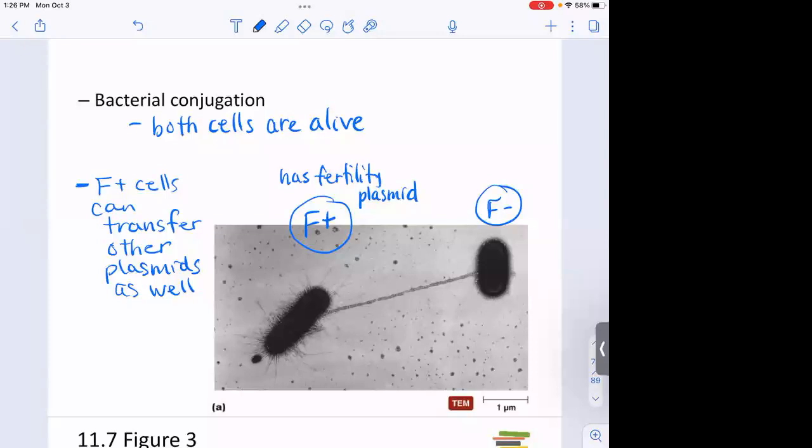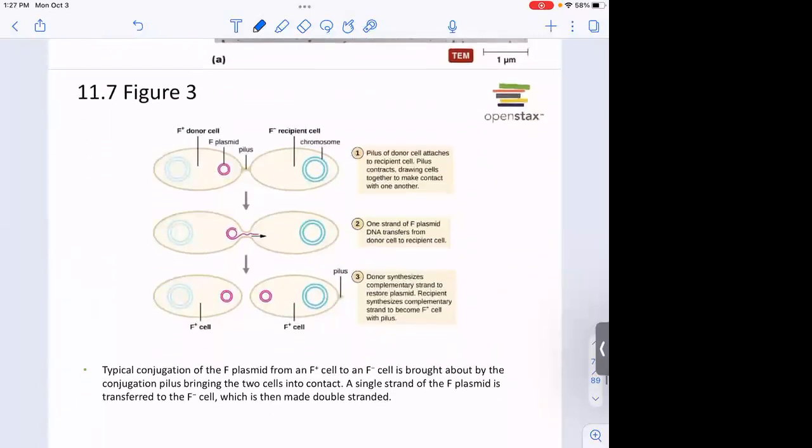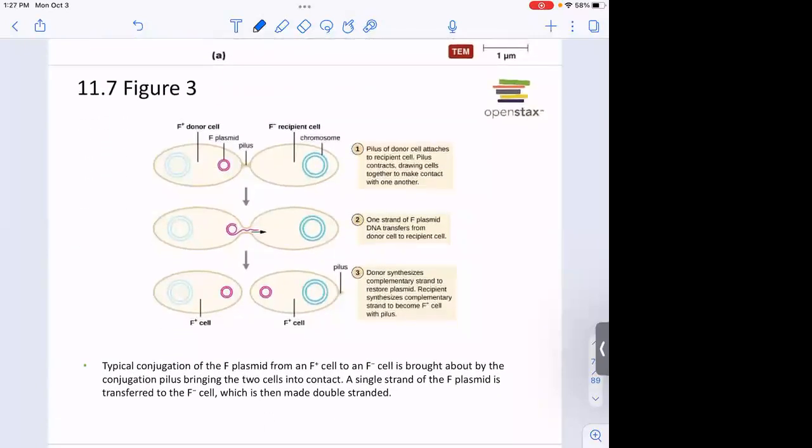I had a question maybe a week ago: is it always plasmids that are transferred here? I didn't give a very good answer. I said, yeah, I think mostly. I didn't say anything wrong, most of the time it is plasmids, but it turns out, and your book even talks about this, that sometimes that F plasmid actually gets incorporated into the host chromosome.